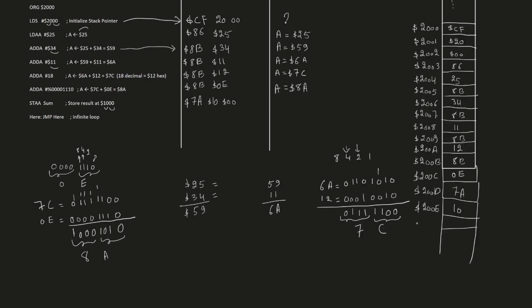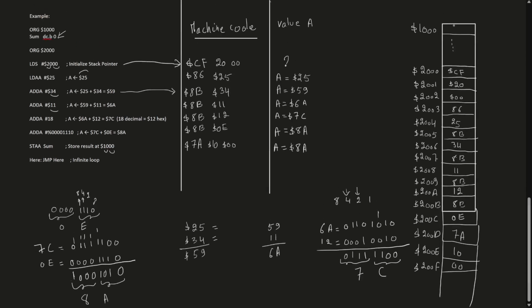And then after that, we have 2000F, and the content is 00. So A here is still 8A, but it gets stored at the memory address of 1000. So if we go back, after executing this entire program, the content here will be 8A.